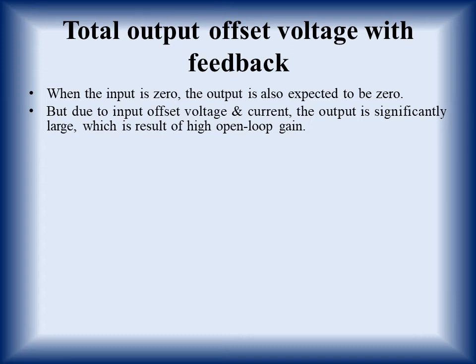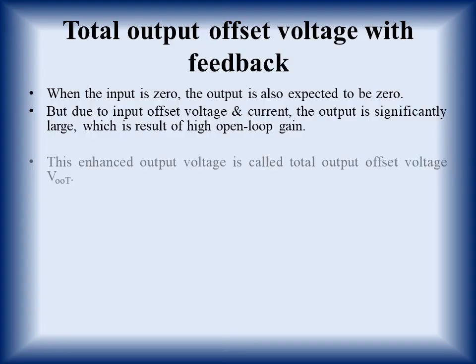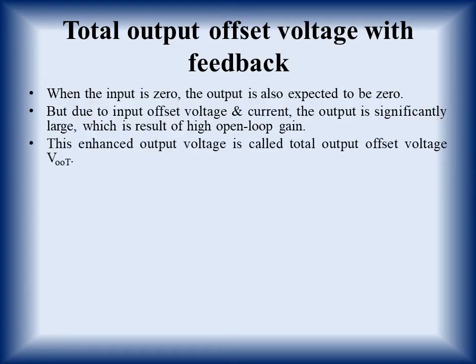But due to the input offset voltage and current that we have already defined, the output is significantly large, which results from the high open loop gain of the operational amplifier. This enhanced output voltage is called total output offset voltage, VOOT.